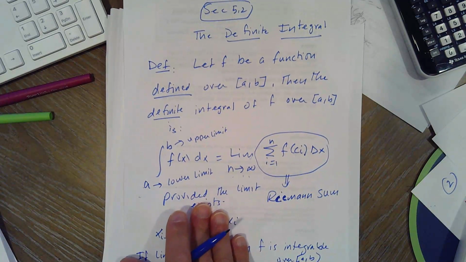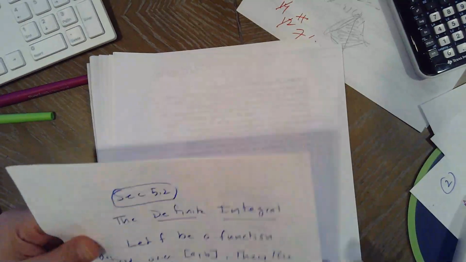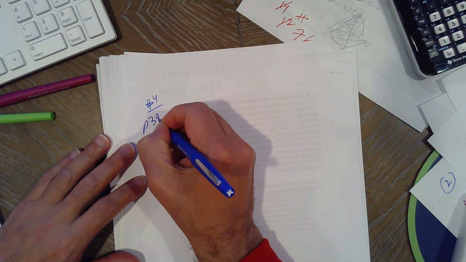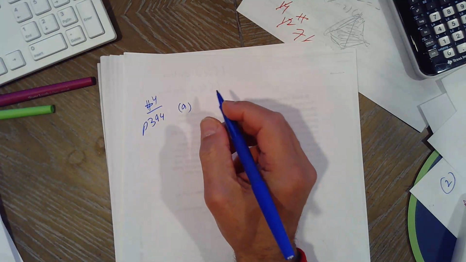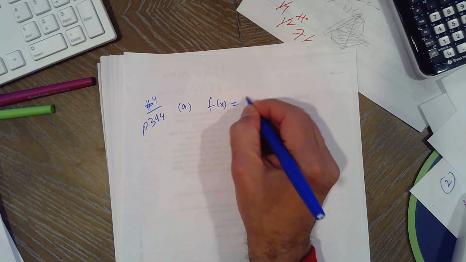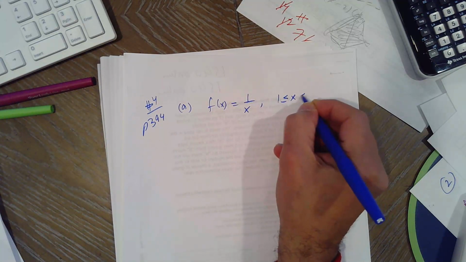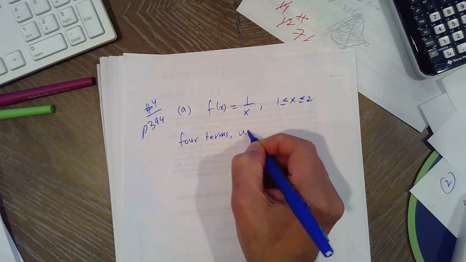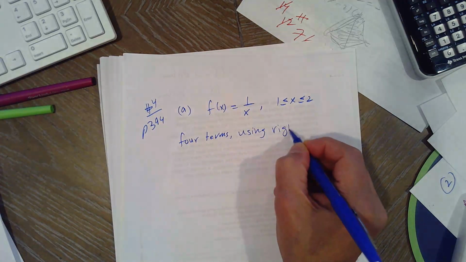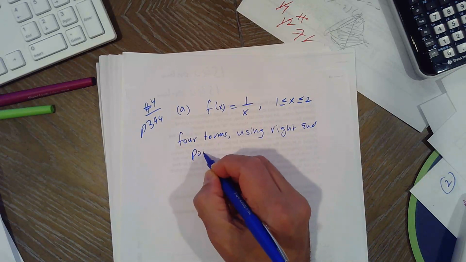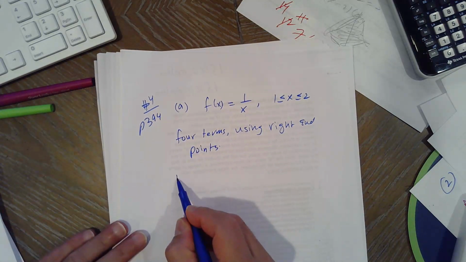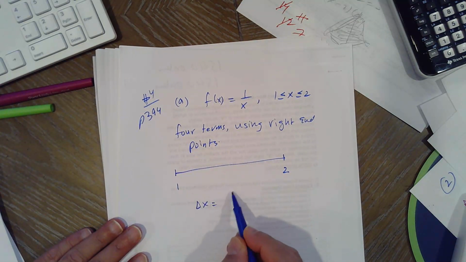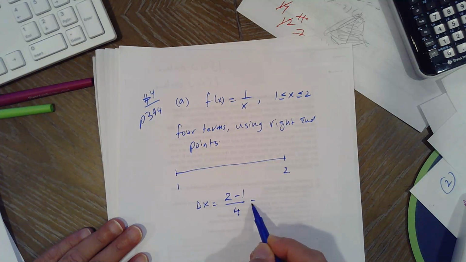Okay, number 4, page 394. It says evaluate the Riemann sum for f(x) equals 1 over x, where x is between 1 and 2, with 4 terms, using right endpoints. So between 1 and 2, you want 4 subintervals. Delta x is (b minus a) over n, which is 1 over 4.